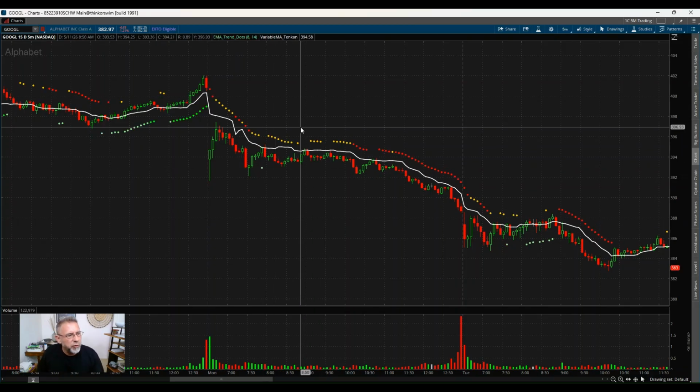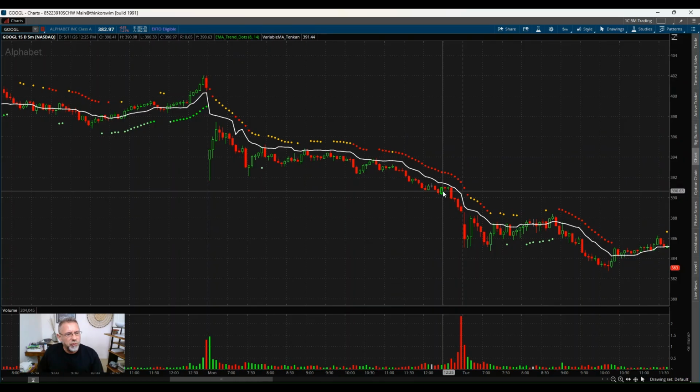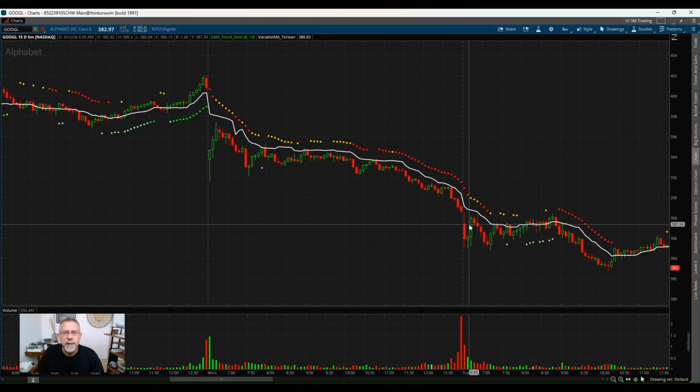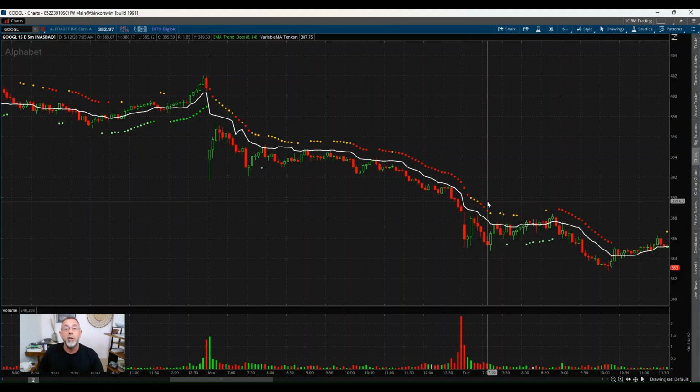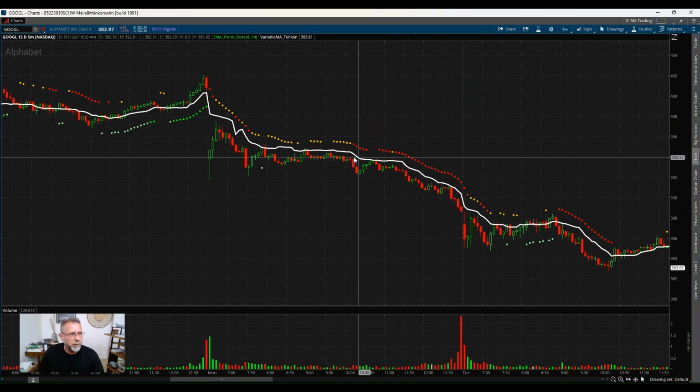Okay, so here's the white line. I always do it in white, and I always have it as a weight of 2, just so it's really prominent on my screen. But again, I don't need to see this line because my other indicators incorporate this line into how they operate. I don't necessarily want to see this line, but I want to show it to you so that you know what it's calculating.